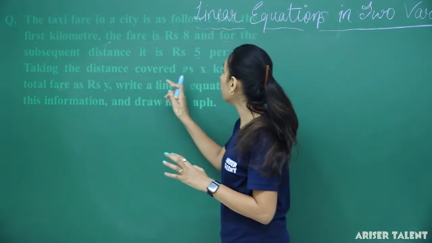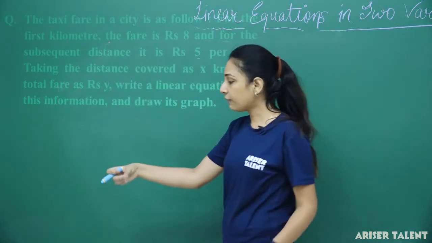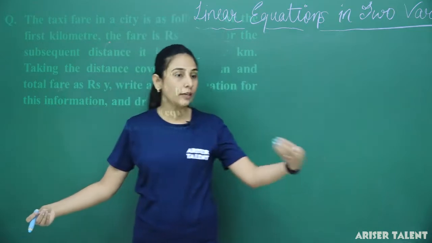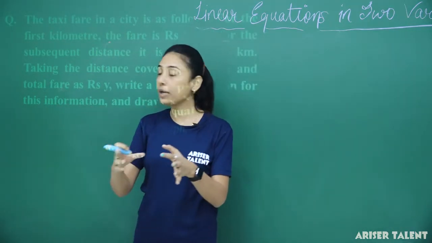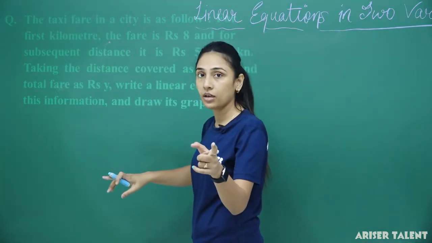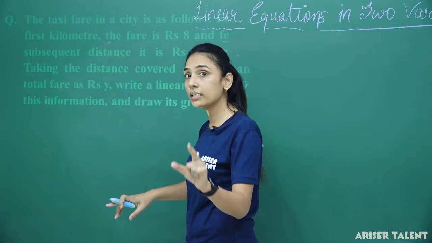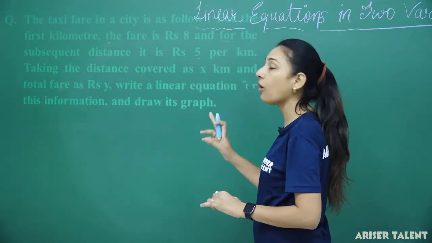Taking the distance covered as x kilometers, you have to take the total distance covered, like if you are traveling from this point to that point, you take this distance as x. So the total distance is x and the total fare is y. Write a linear equation for this information and draw its graph.